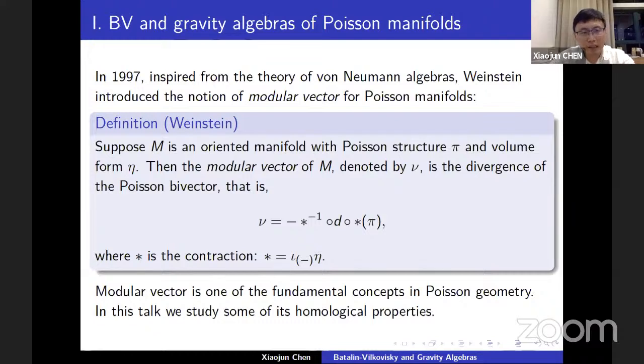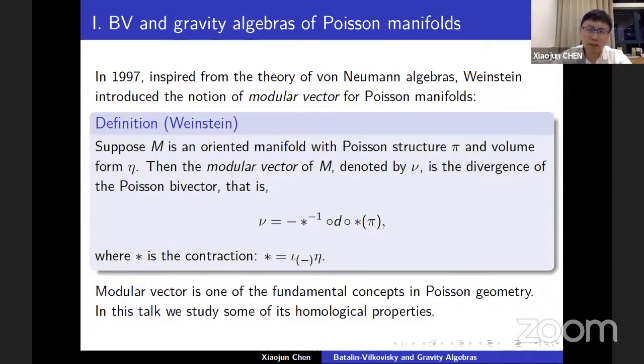In 1997, inspired from von Neumann algebra theory, Weinstein introduced the notion of modular vector for Poisson manifolds. Let's recall his definition. Suppose M is an oriented manifold with Poisson structure, say pi, and a volume form.